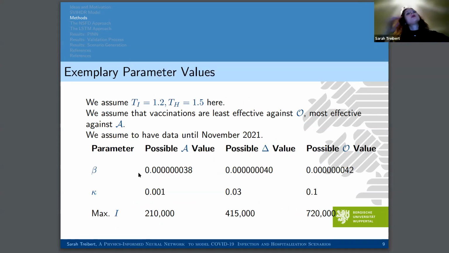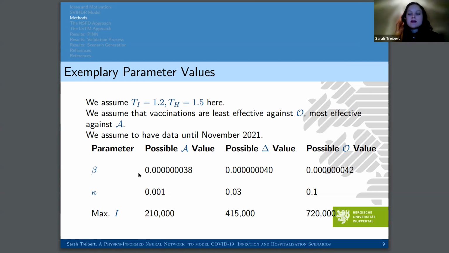So at first, I will give some exemplary parameter values in short. Here we are given the maximal number of infections we obtained with the NSFD approach, meaning non-standard finite difference scheme approach, using different beta and kappa values potentially corresponding to a certain variant, where alpha stands for the alpha variant, delta for the delta variant, and O for the Omicron variant.